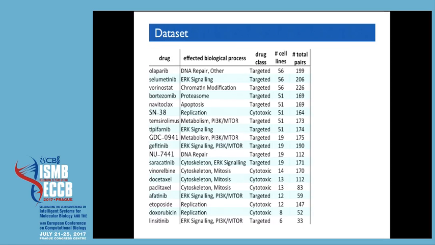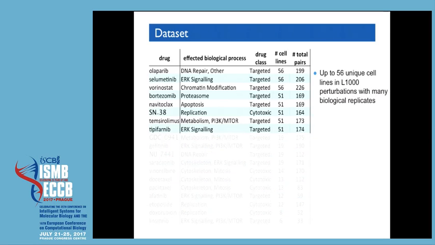What we then tried to do is to train this on a set of 19 drugs. For each drug we trained the model separately, and as you can see, there are very few unique cell lines, even though there are several couple hundred biological replicates. The underlying complexity of the data is much less, because it's only from up to 56 unique cell lines.